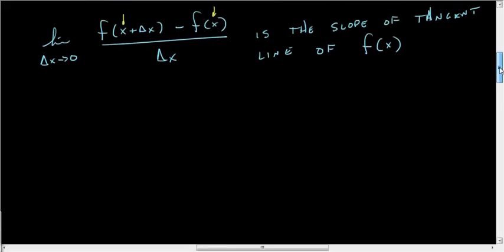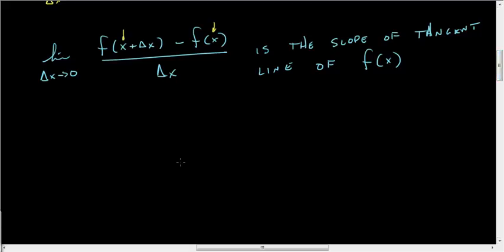So let's take an example of this. Suppose that we wanted to find the slope of the line tangent to the function f of x is equal to 3 minus 2x. Okay, and we want to find that at any given point. And so let's just choose the point negative 1, 5.